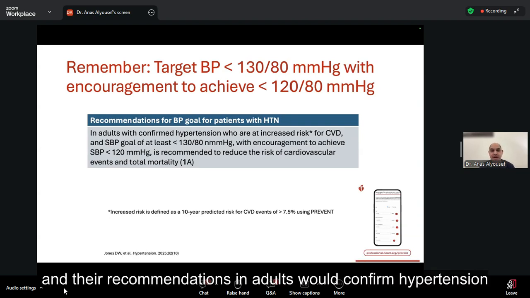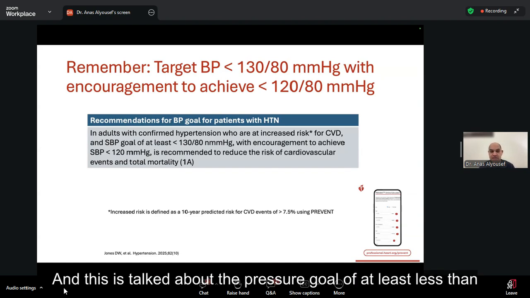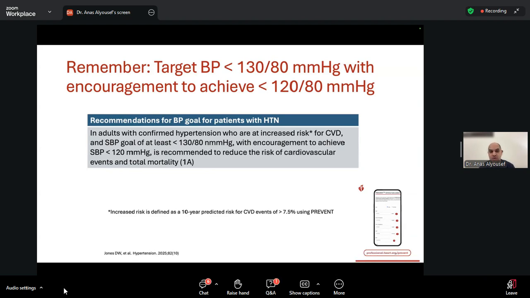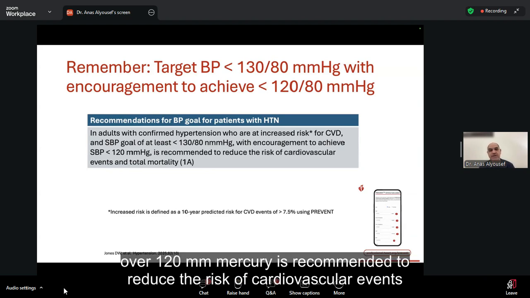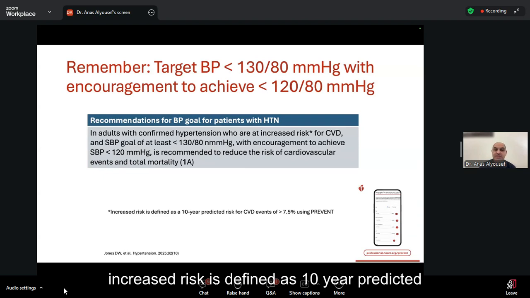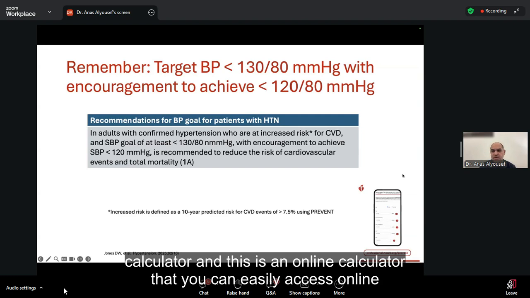Their recommendation, in adults with confirmed hypertension who are at increased risk for cardiovascular disease, is a systolic blood pressure goal of at least less than 130/80, with encouragement to achieve a systolic blood pressure less than 120 millimeters of mercury. It is recommended to reduce the risk of cardiovascular events and total mortality, a class 1A. The increased risk is defined as a 10-year predicted risk for cardiovascular disease events of more than 7.5% using the PREVENT calculator, and this is an online calculator that you can easily access.